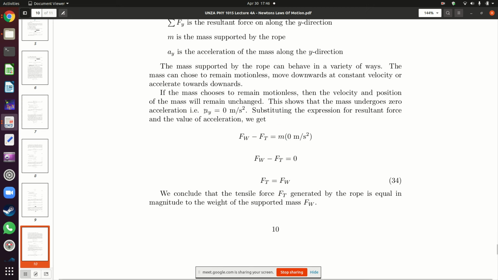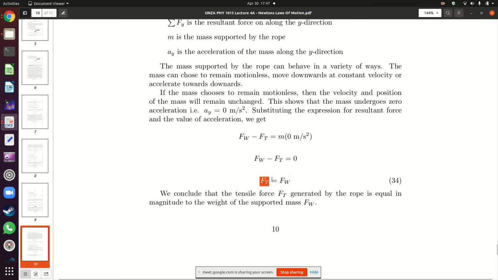With an acceleration of 0, you multiply the mass times 0 and you end up having 0. So you end up having the weight Fw minus Ft equals 0. And this basically tells you that the tension in the rope is equal to the weight.